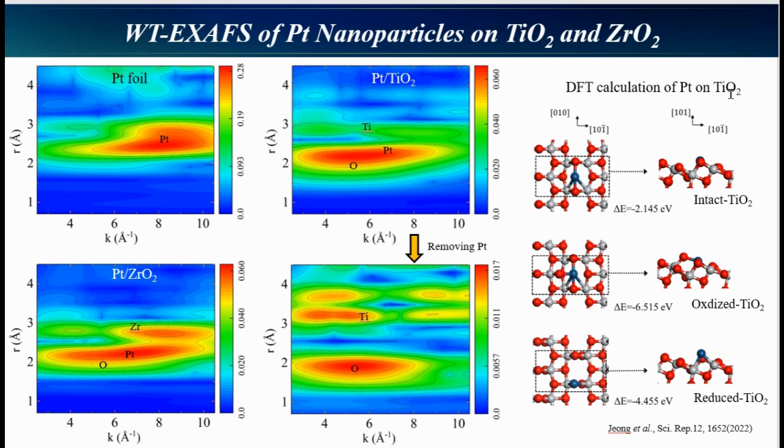This result validated that the platinum oxides are stable on oxidized titanium oxide. The wavelet transform EXAFS quantum maps in this figure are in good agreement with the previous result, which is the DFT calculation.